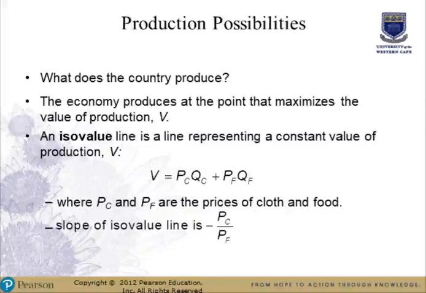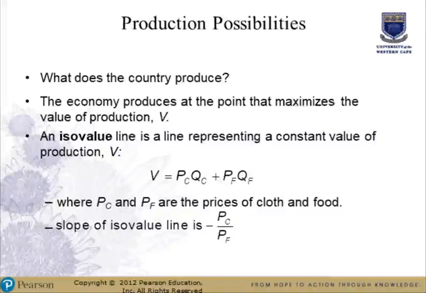The ISO value line is a line that shows a constant value of production, as reflected by the expression V = PC × QC + PF × QF, where PC and PF are the prices of cloth and food, and QC and QF are the quantities of cloth and food produced. The ISO value line has a slope equal to minus PC over PF.